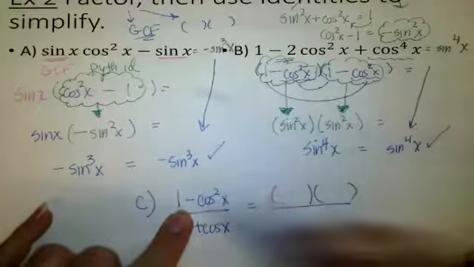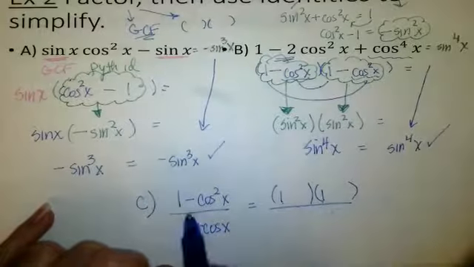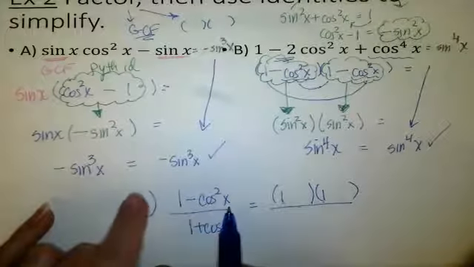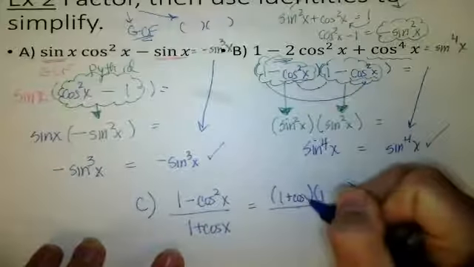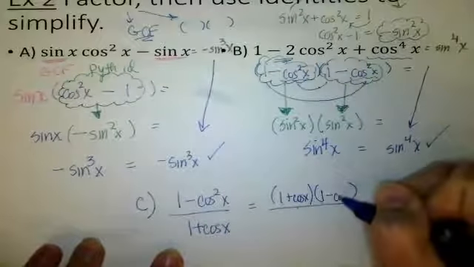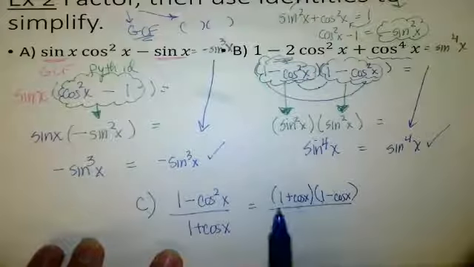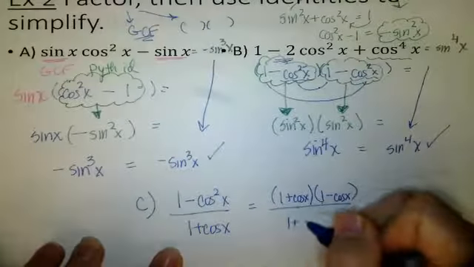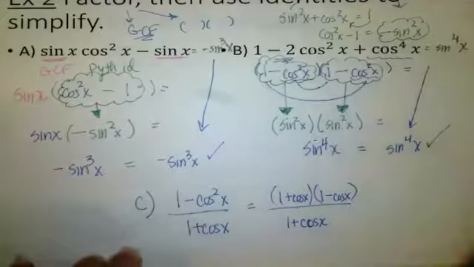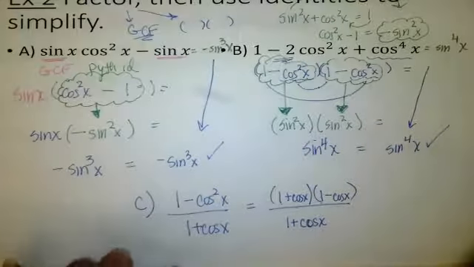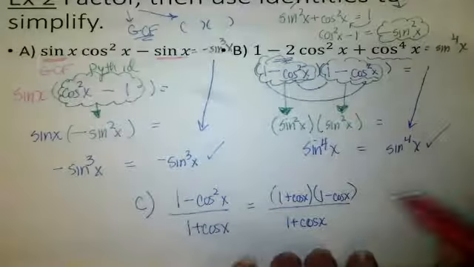What times what gives me 1? 1 times 1. And last times last has to give me negative cosine squared. What gives me that? Plus cosine of x and minus cosine of x. So this is a difference of squares, and that's always going to factor. And when I have 1 plus cosine of x, cancel. So factor and reduce is another method that you get to use.